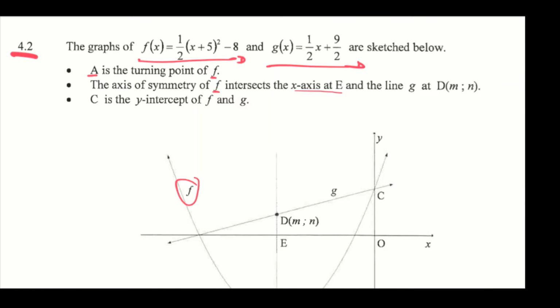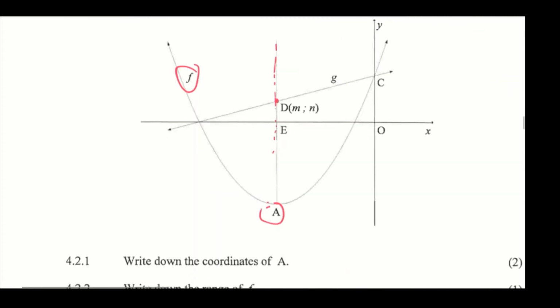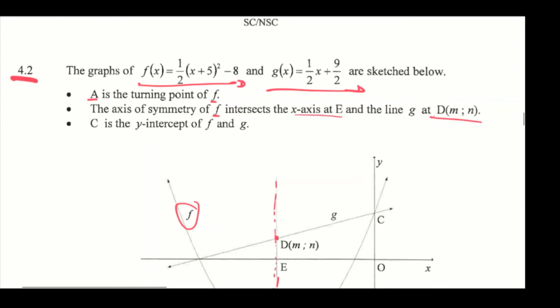And the line g at D and M. So there is DM there, and this is your axis of symmetry of f, right? Because it comes down from your turning point. And then what do we have?